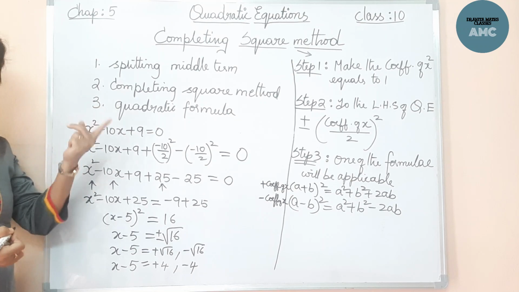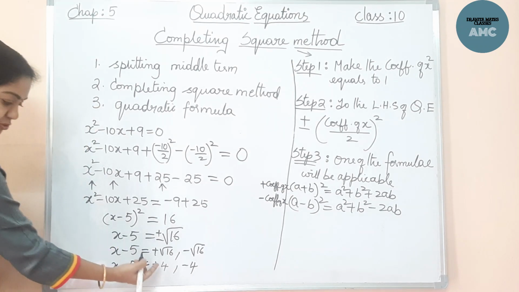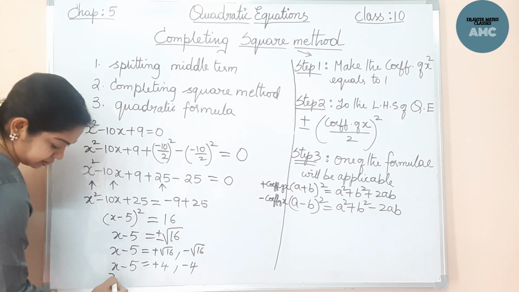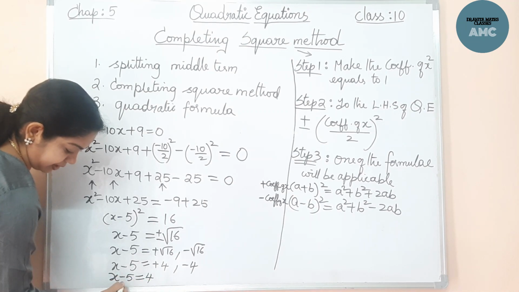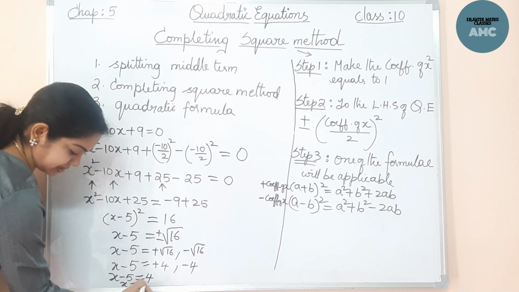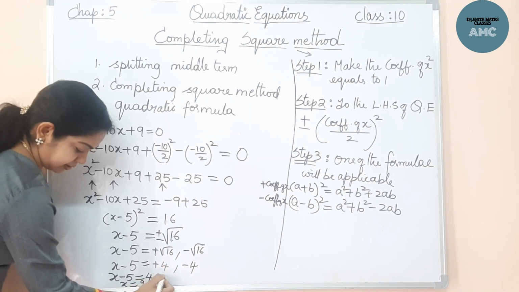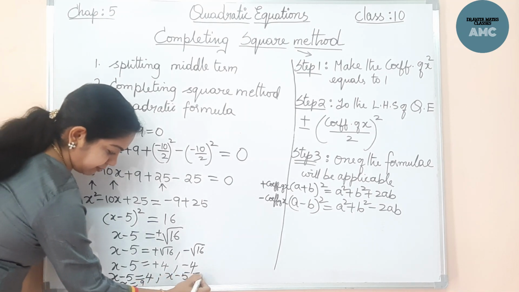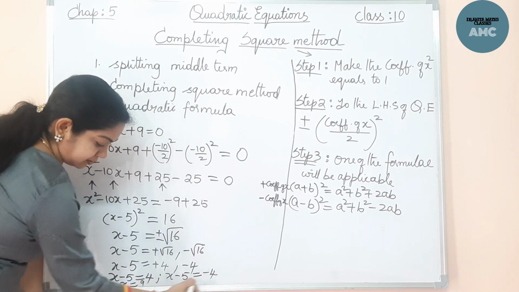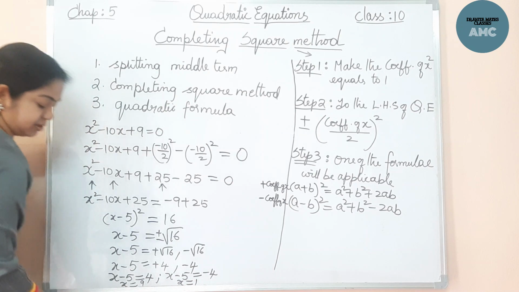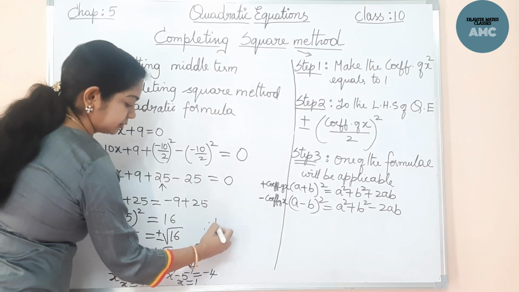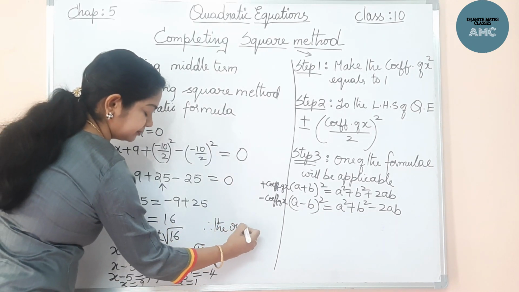Quadratic equation, at most you have to get 2 zeros. So 2 zeros we got, that is 2 roots. x minus 5, first we'll take 4. x is equal to 4 plus 5, 9. Now x minus 5, if you take minus 4, shift it that side, x is equal to minus 4 plus 5, so 1.